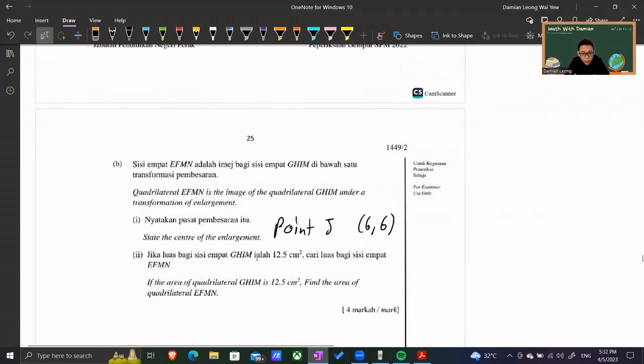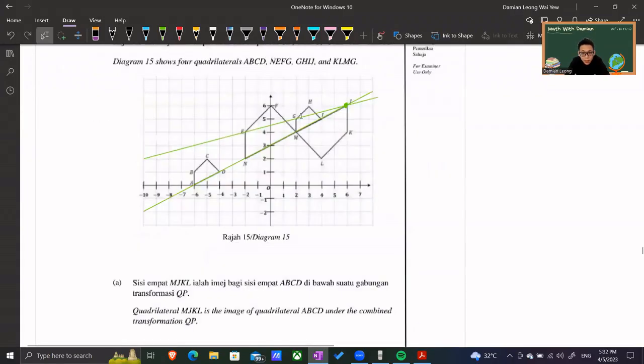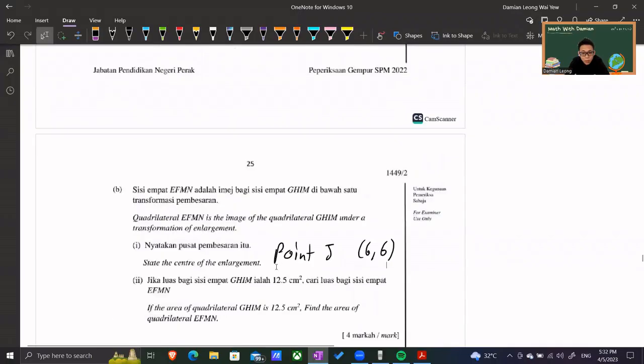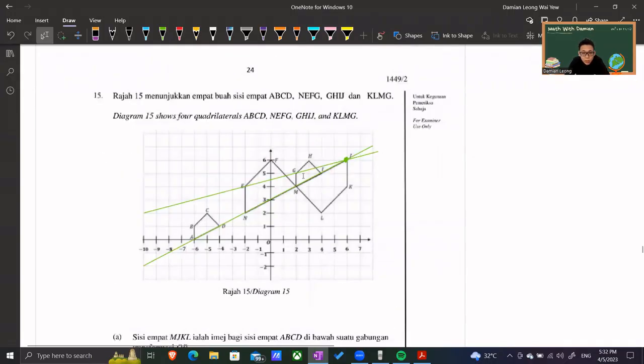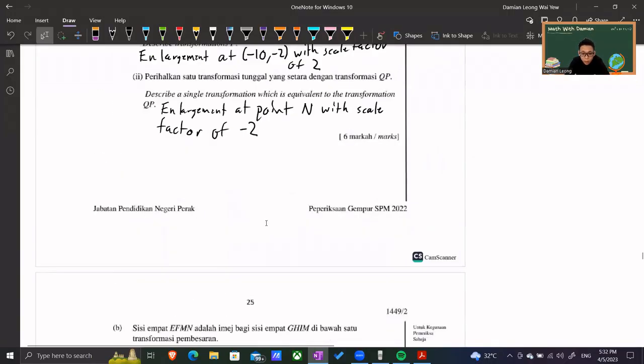Then, if the area of quadrilateral GHIM is 12.5 cm square, find the area of quadrilateral EFMN. So from this to this, double the size, scale factor of 2.